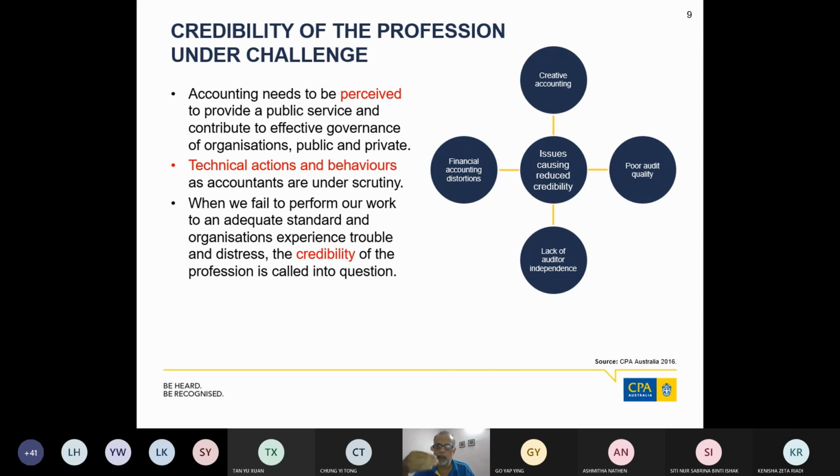I was hoping that he would diagnose the problem and prescribe the medication. But instead, my problem got worse. Then it becomes an issue, credibility under challenge. I'm just using an example from the medical profession. We also, as the accounting and auditing profession, are facing this challenge right now.